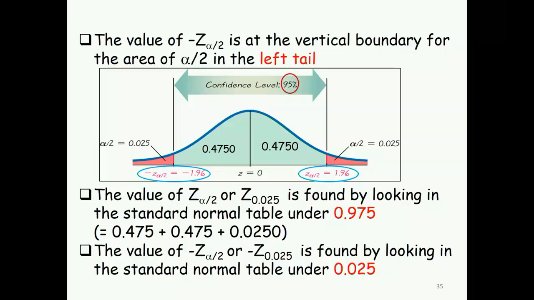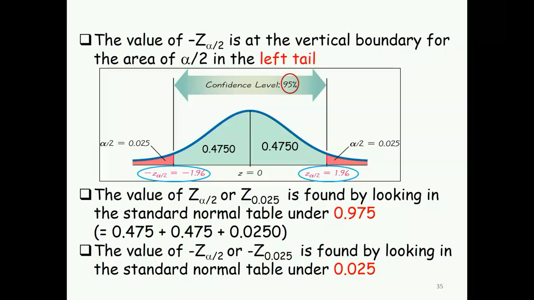If you want to find this one, this plus this plus this, you have to find 0.975. But if you want this one, which probability do you have to look for? 0.025, because alpha is divided by 2. So this is the easiest: you go to the table, find 0.025, then plug in the numbers.